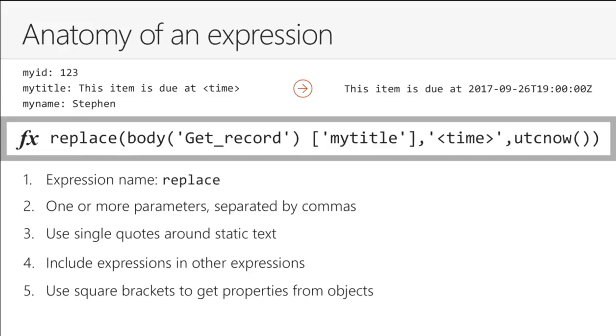So this, using the square brackets, is how you can get at that property and then use that inside of the expression. So in this case, this is saying, I'm going to take the title from the body of the getRecord action, find the string time in it, and replace that with the actual current time when this flow runs. Finally, there's a question mark in there. I'll talk a little bit more about that later, but it has to do with how you handle optional properties.